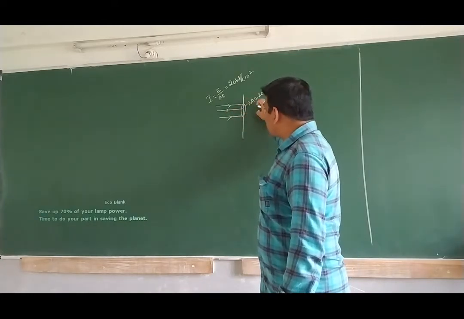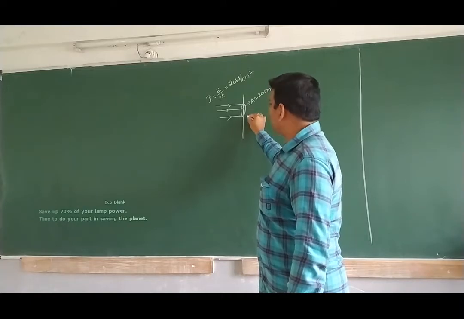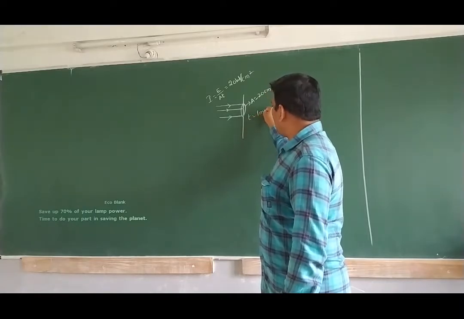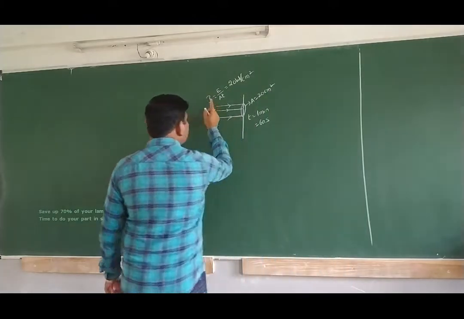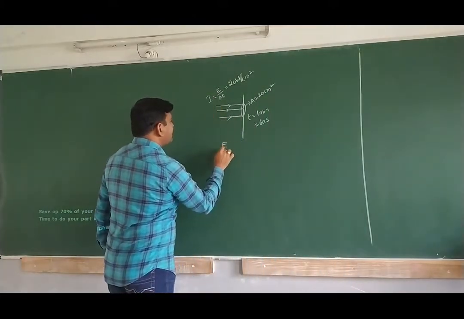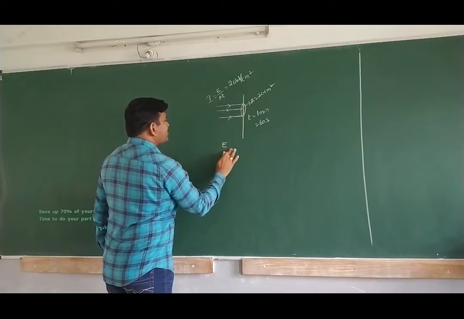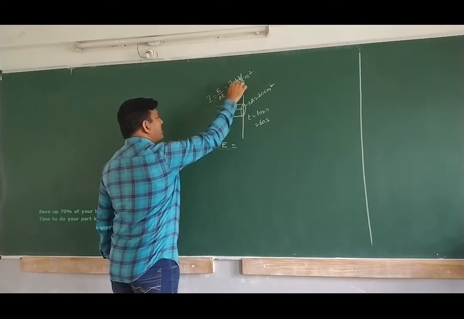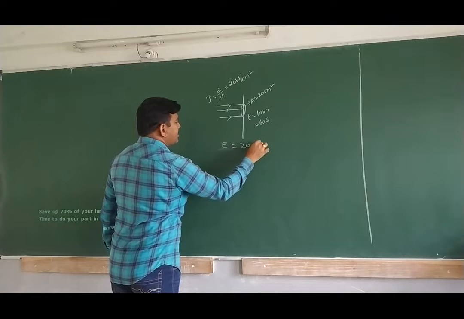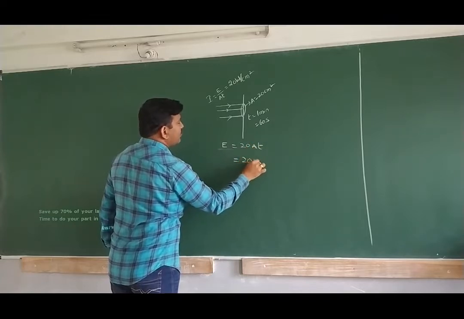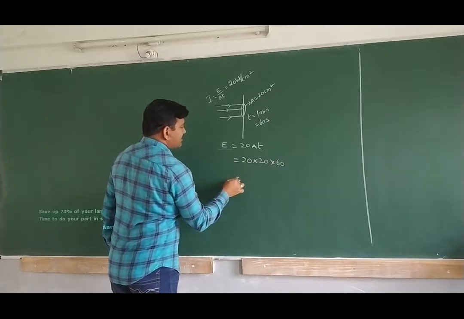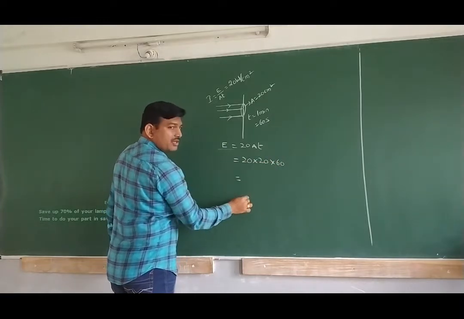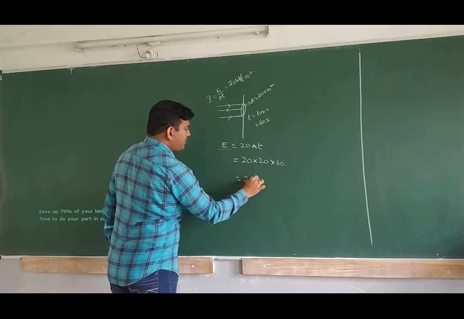What is the energy absorbed by this surface over a time period of 1 minute? 1 minute means 60 seconds duration. Then, according to this, energy is equal to 20 into 20 centimeter square into T, which is 60. What is this? 2 2s are 4, 4 6s are 24. 24 into 10 to the power of 3.